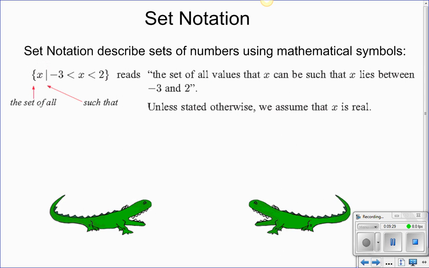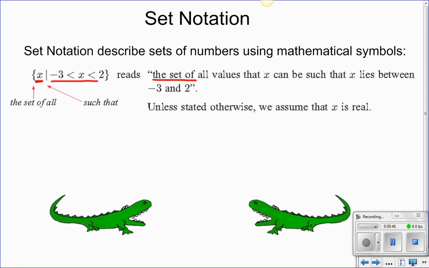But what is important is that you have this part of it. So this reads the set of, that's what the little squiggly lines mean, they represent a set. The set of all values x.